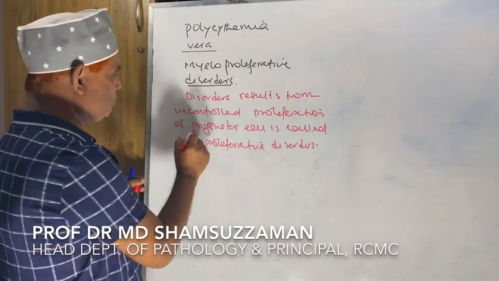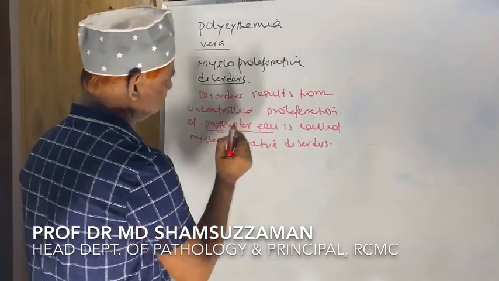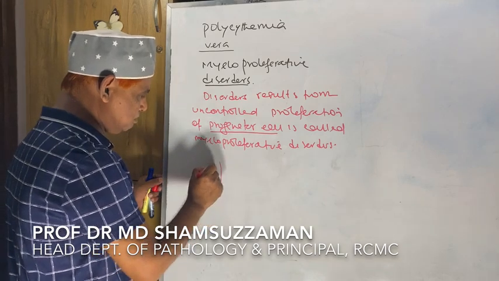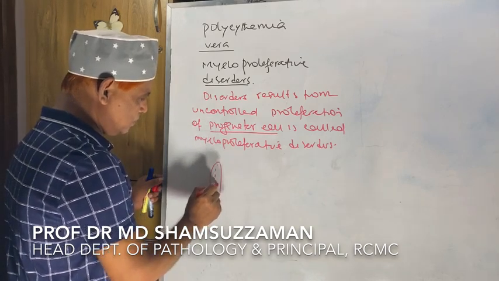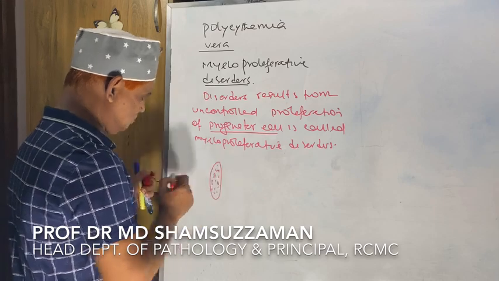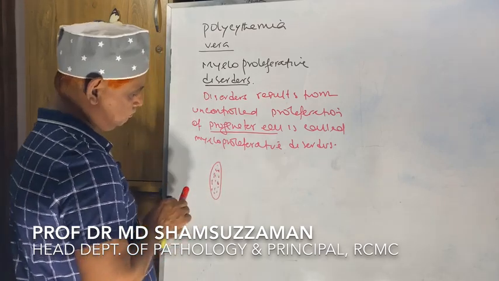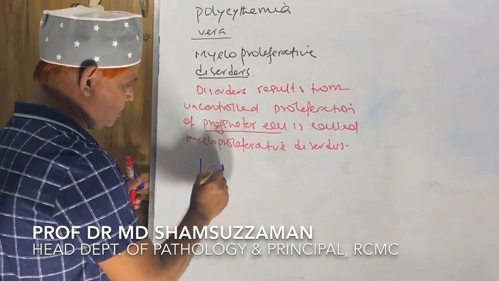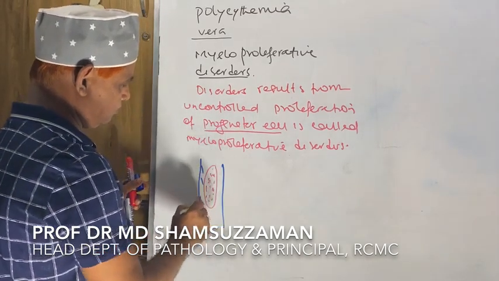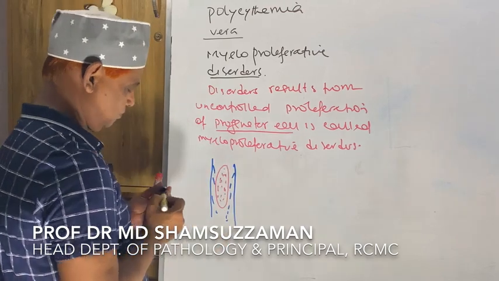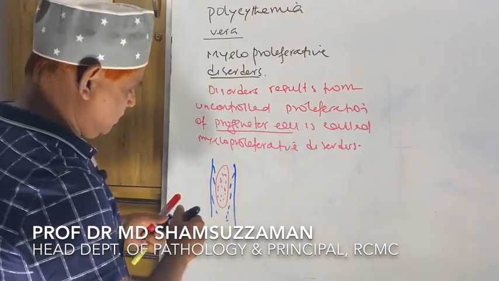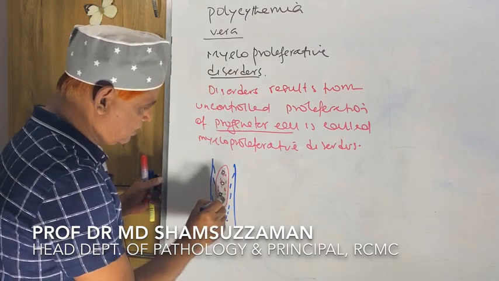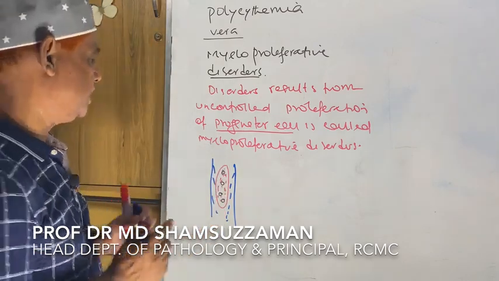Here I have told you progenitor cell. Suppose this is the bone marrow within the medullary cavity. This is the cortical part of bone, and the black ones are the progenitor cells.